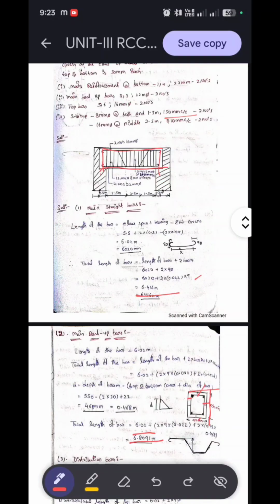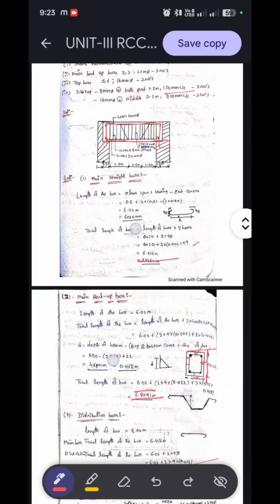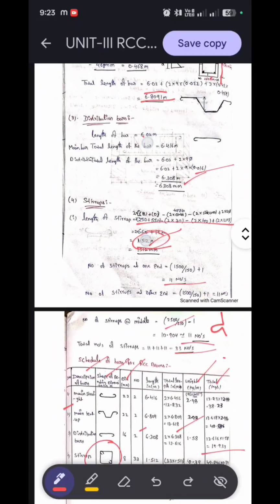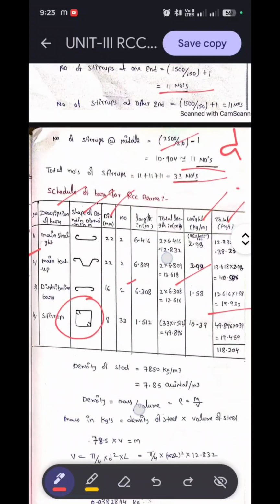The dias were different, so both are calculated separately. First, the middle portion 8 mm dia. Number of the bars, both sides, 11 plus 11, 22. Length of the bar 1.512, so 22 into 1.512, calculating that value gives 30.89.